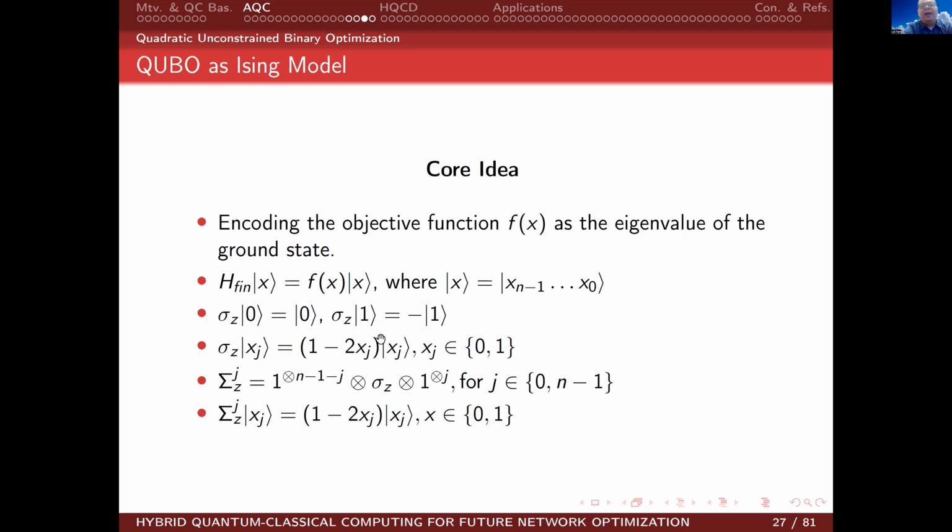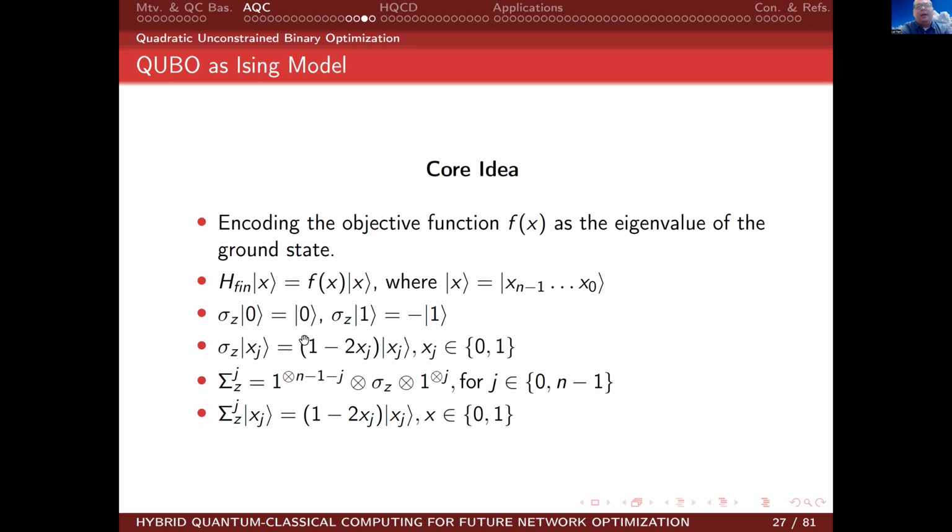However, this ket x_j is a vector. So we still get a new vector, but this new vector's sign depends on the value of x_j. If x_j is 0, we do not change the vector. If x_j is 1, then we change the sign of the vector 1.